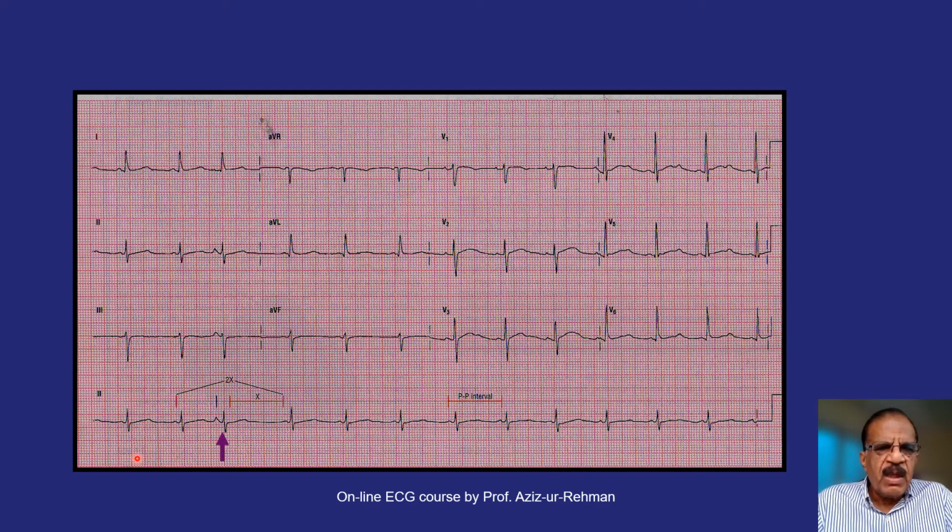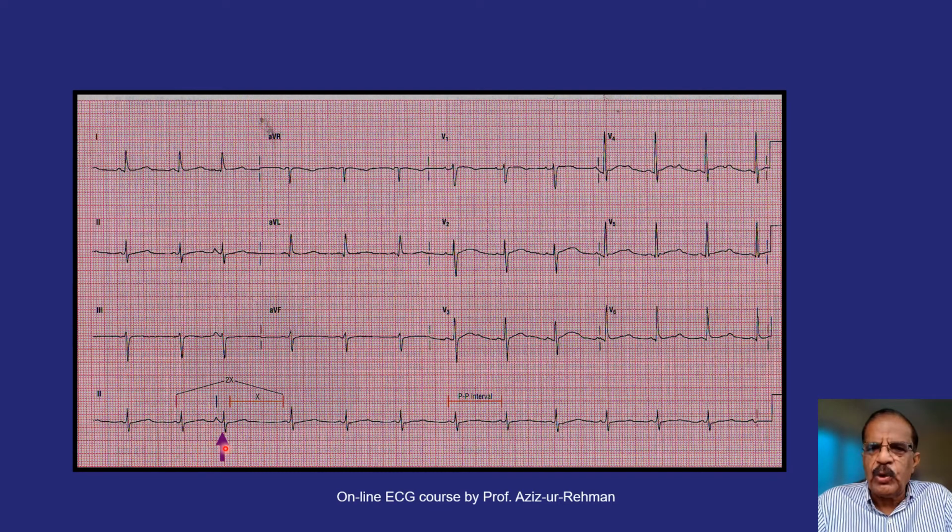But when things get out of step, that is when we suspect there may be some ectopics. For example, I've just drawn your attention to this beat. This beat looks different from the other one. What are the differences? Number one, the morphology is the same. This QRS complex and this QRS complex are similar. The initial part is upward, the second part downward, very, very similar, almost a ditto copy.